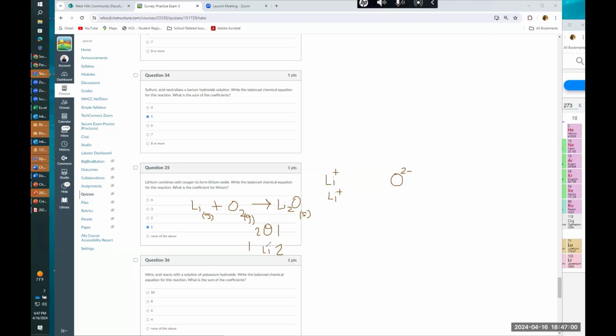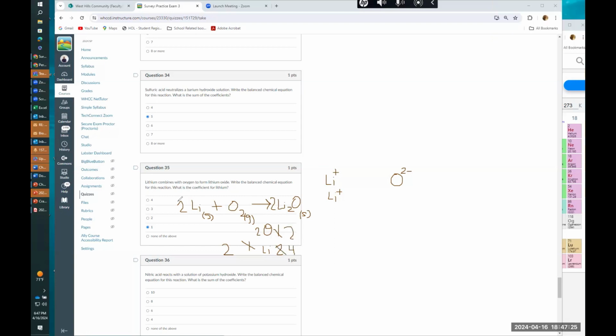Multiply by 2. Okay, the lithium on this side. So then that gives me 2. And then on the other side, okay, so we put a 2 here. So then that would give me 2 oxygens, but then that gives me 4 lithiums.